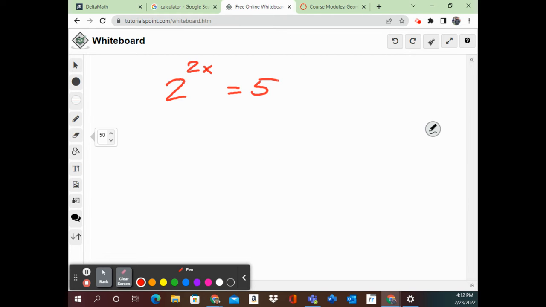All right, let's see an example when we don't have bases that are the same. What do we do? Right now we have 2 to the 2x equal to 5. I can't make 5 a base 2, so now we want to introduce our logarithms. That gives me log of 2 to the 2x equal to log of 5.